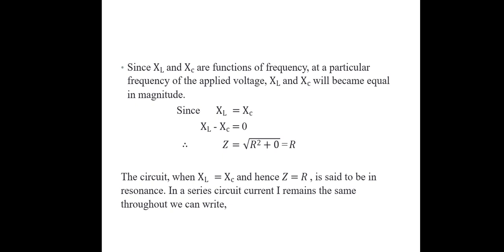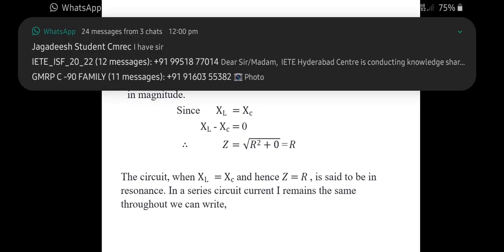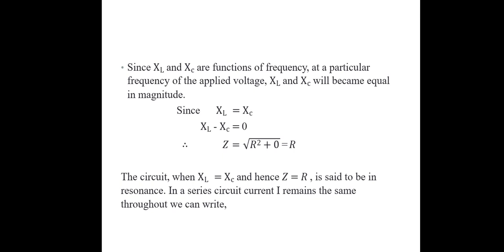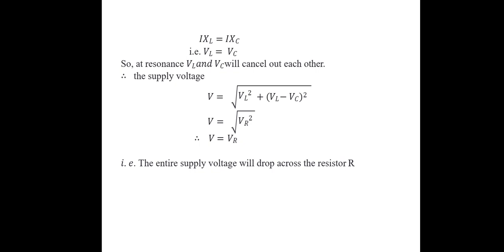We know that in series circuits the current is the same, but the voltage drop is different across the different elements like R, L and C. In parallel circuits, it is quite the reverse: the voltage is the same and the current is different. Here you have to observe that I XL equals I XC, so VL equals VC.